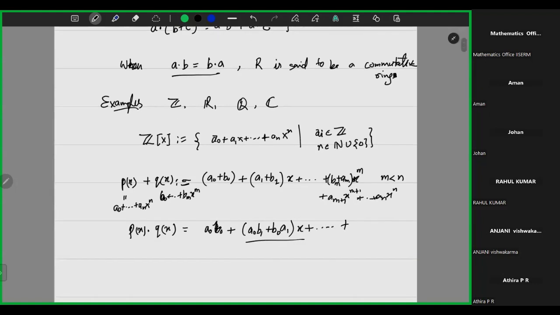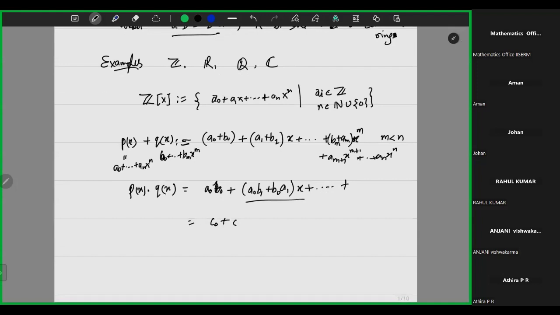This kind of expression will come, where you can write it like c0 plus c1 x plus and so on, plus ck x to the power k, where each ci is a summation: the sum of af into bg such that f plus g is equal to i.